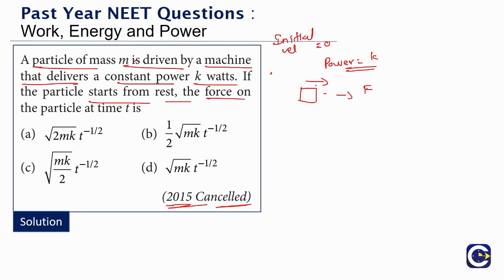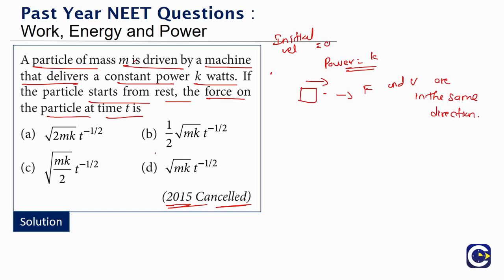So whatever force is being applied, it will move in the direction of the force, which means force and velocity are in the same direction. Now we need to find the force on the particle at time t.